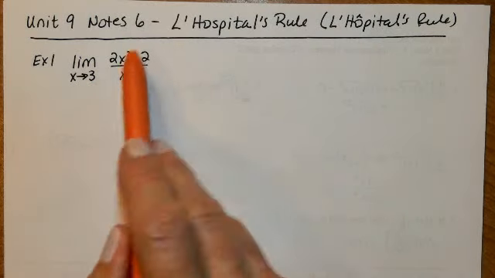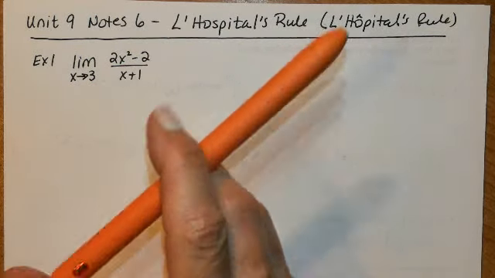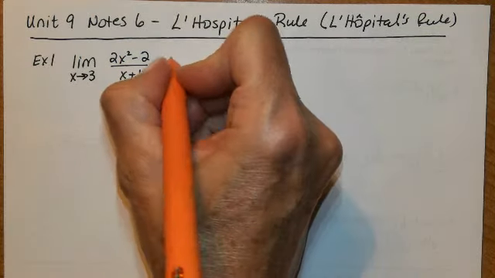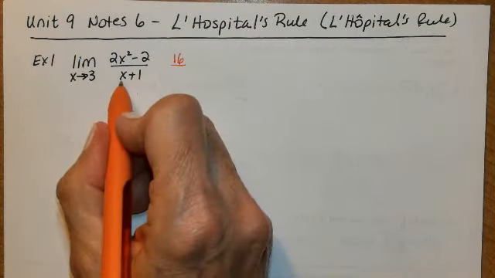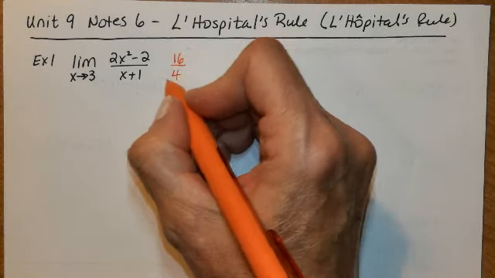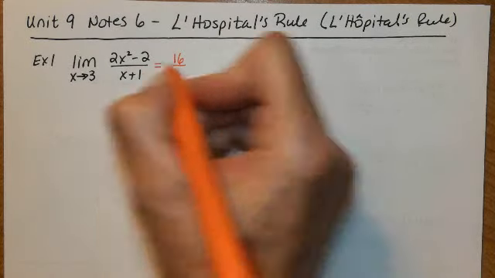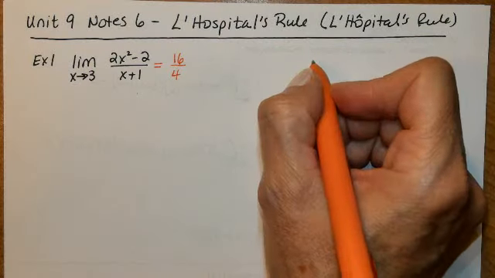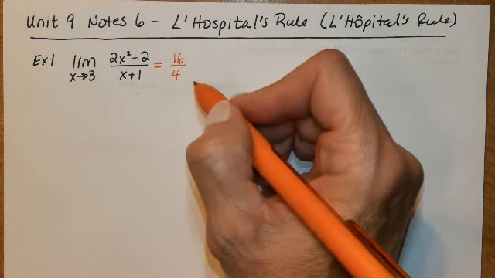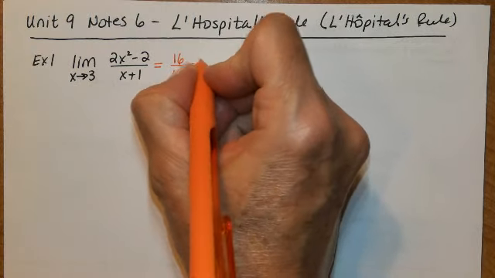So if I plug in 3 for x in my numerator, I'm going to have 2 times 9, so 18. 18 minus 2 is 16. And 3 plus 1 is 4. When I see that this is a number, I put an equal to sign. I do not put an equal to sign before I know that this is a number. All right? So this limit is just 4.